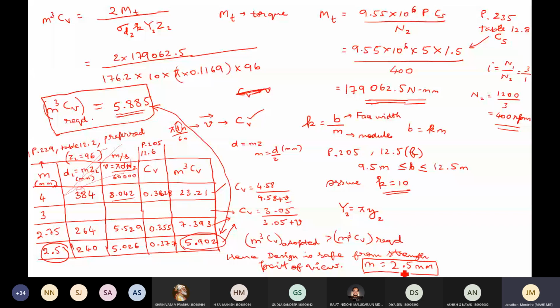M is 2.5 mm, so you can directly write the results. With M as 2.5 mm, the D2 value is 240 mm. Then obviously what will be the D1 value? 240 by 3, it is 80 mm.